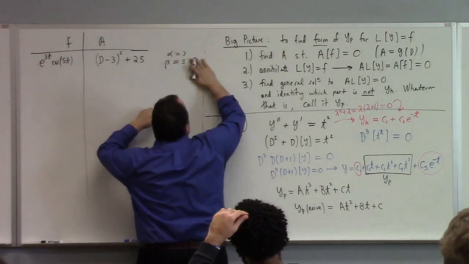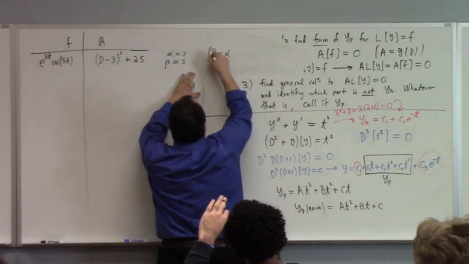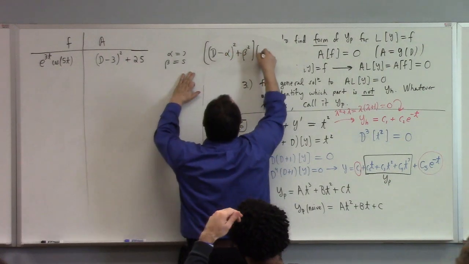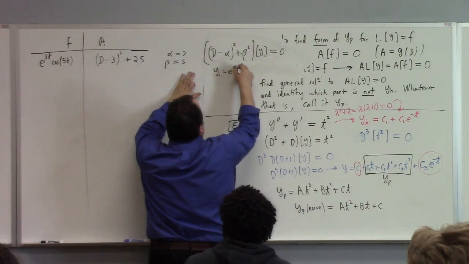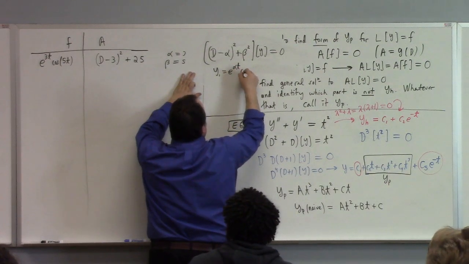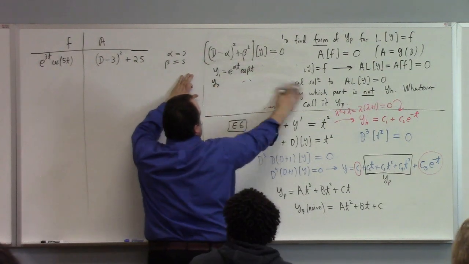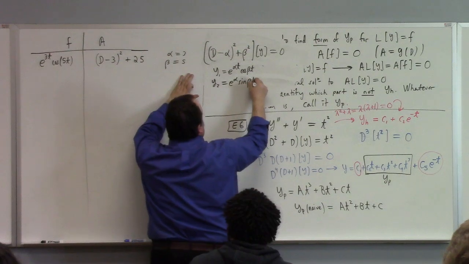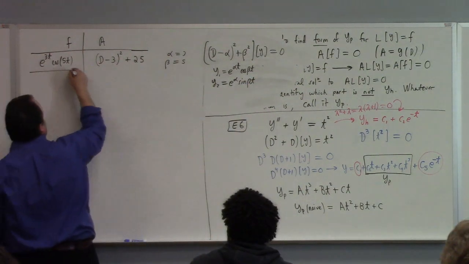Remember the lemma we had last time: (D minus alpha) squared plus beta squared, y equals 0, had solutions y1 equals e to the alpha t cosine beta t, and y2 equals e to the alpha t sine beta t. So that's how that goes.